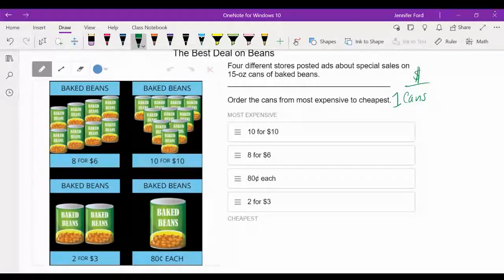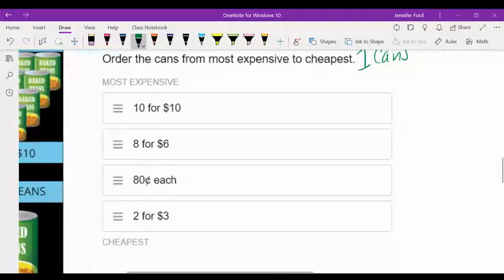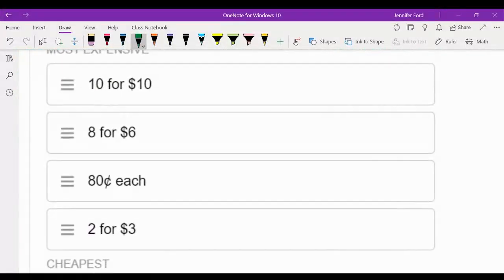This is going to be $6 for 8 cans. But I want to know how much for 1 can. So I need to divide both of those by 8. 6 divided by 8 is the same as 3 divided by 4, which is 75 cents.